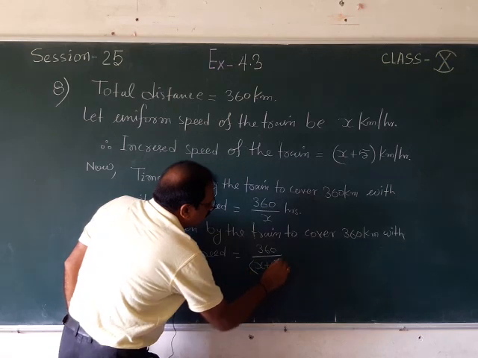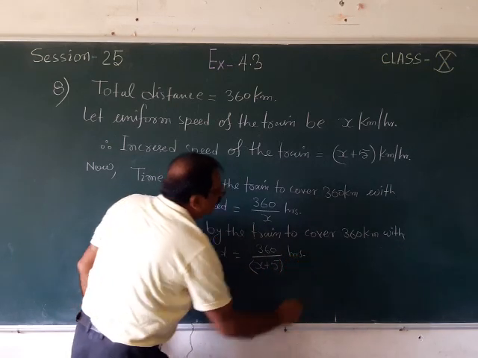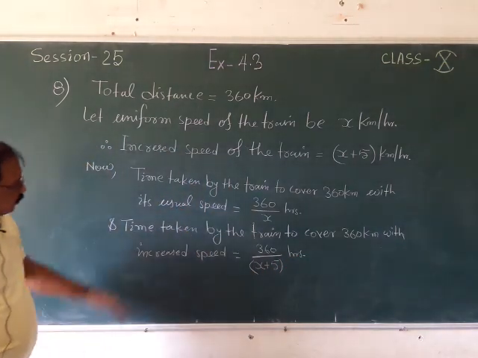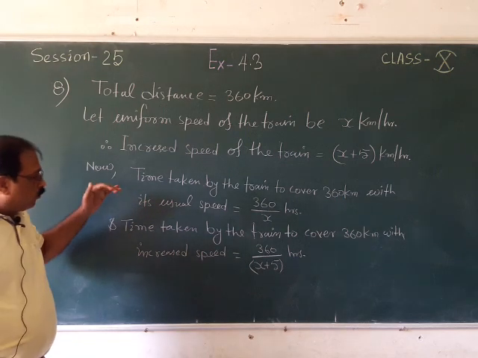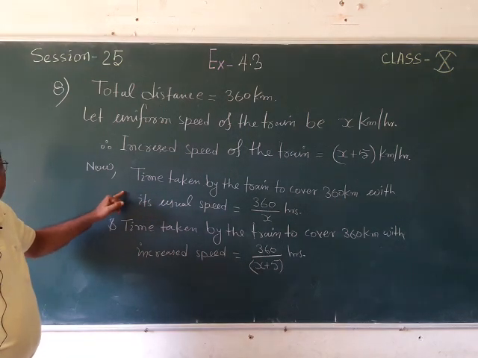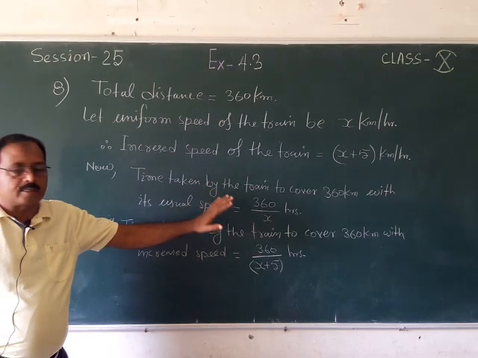So here distance by speed is giving you the time. So in both the cases we have to find the time taken by the train to cover 360 km.